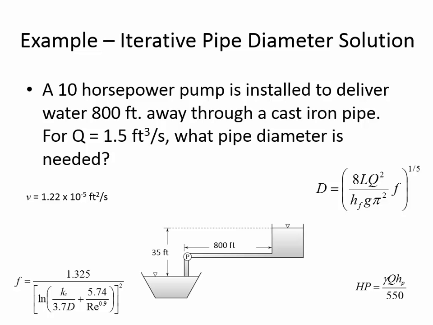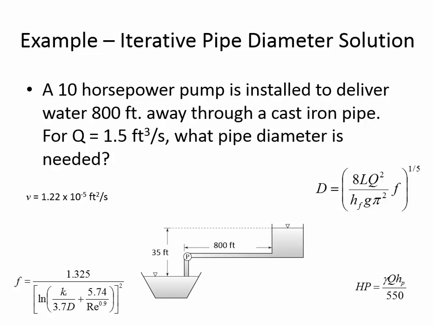Okay. We have water flowing between two reservoirs. The water is flowing from the lower reservoir to the higher reservoir. And obviously the only way you can get water to flow uphill is if you use a pump of some sort. So that's what they're doing here. This symbol with the P means pump. And what we know about this pump is that it's a 10 horsepower pump, and the length of flow is 800 feet.